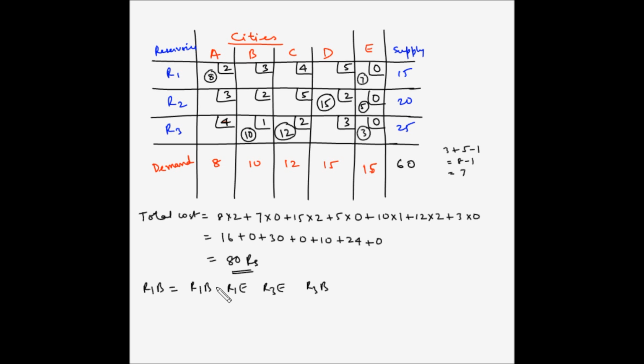Now let's assign alternate plus minus signs. So minus, plus, minus. And let's now fill in the value of unit cost. So R1B is 3 minus R1E is 0 plus R3E is 0 minus R3B is 1. So 3 minus 1 is 2.